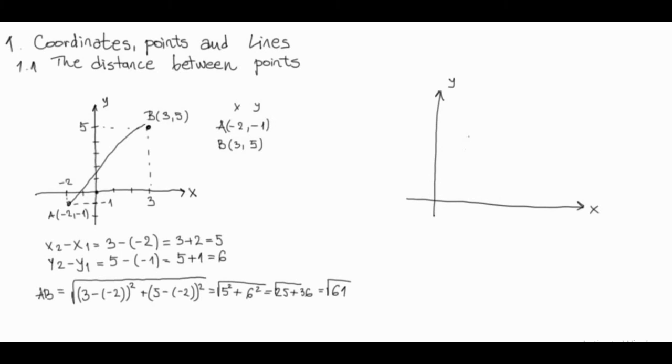Okay, now for the second example, we'll find point A with coordinates 1 and 5. That is 1, 2, 3, 4, 5.